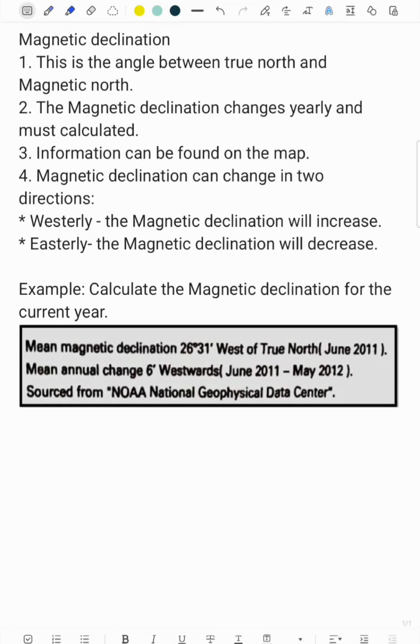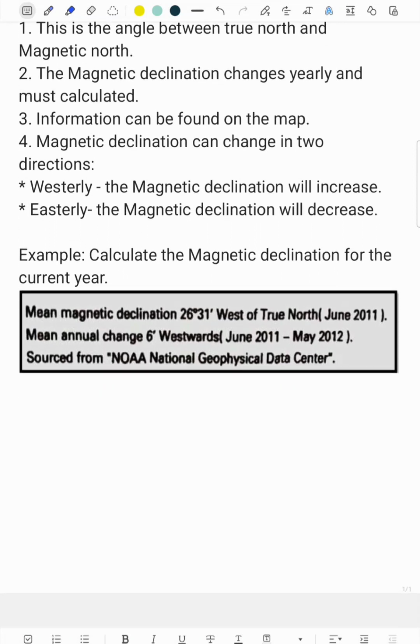When you get this information on the map, it will be written in this manner. For example, in this case, the mean magnetic declination is 26 degrees 31 minutes west of true north, and this was for June 2011. Then the mean annual change is 6 minutes westwards. And now we must calculate the magnetic declination for the current year.